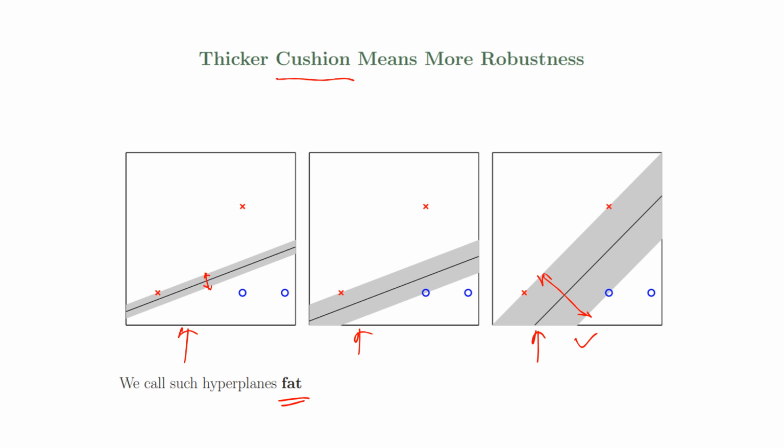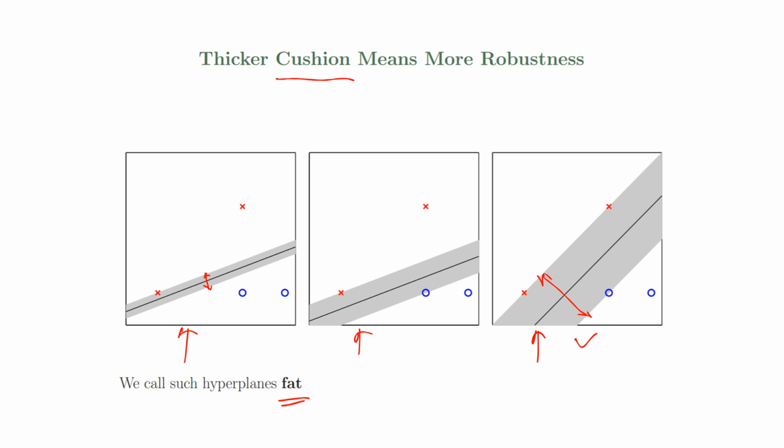So this process of having a fat hyperplane, or thick hyperplane maybe, is the fundamental idea behind support vector machines. And this is also called the maximum margin hyperplane, right? Margin meaning how far away it is from the first data point it hits. And of course, we want this cushion to be as thick as possible. And so that's why the word maximum margin hyperplane.